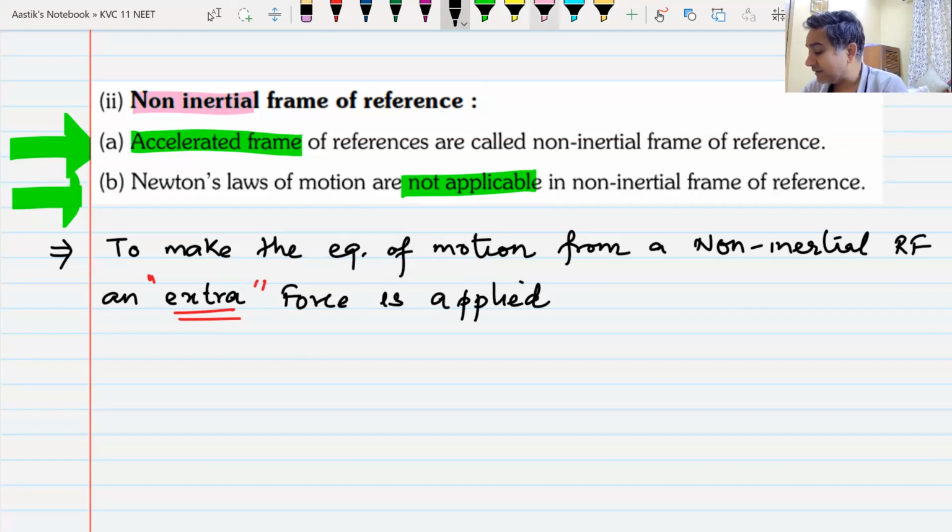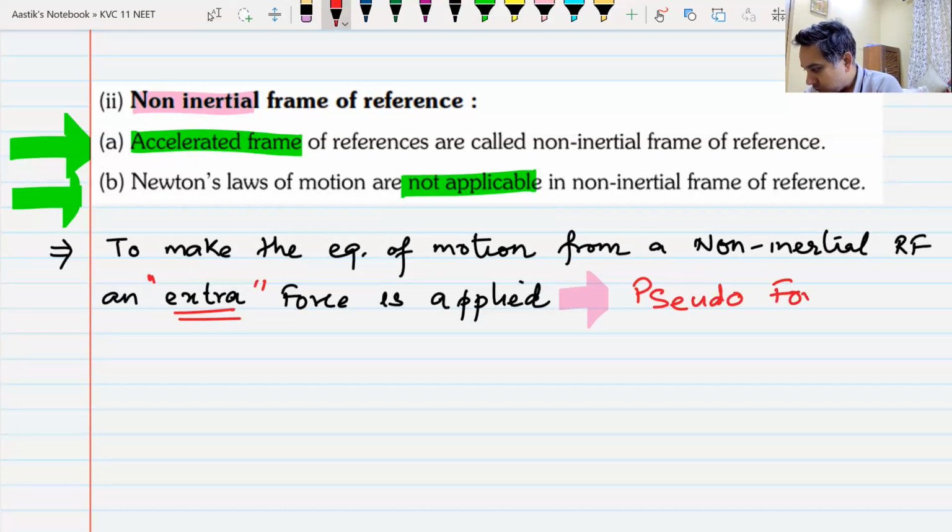This force is known as, anyone heard this name? What is this force known as? This force is known as pseudo force.